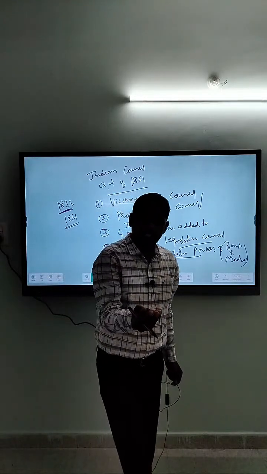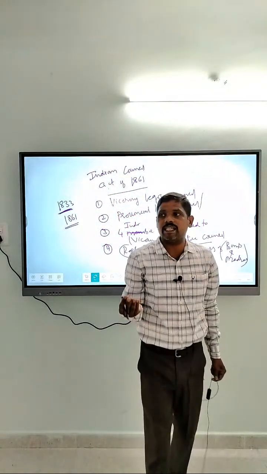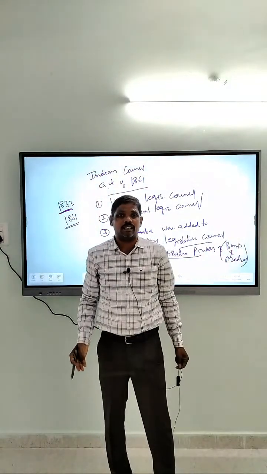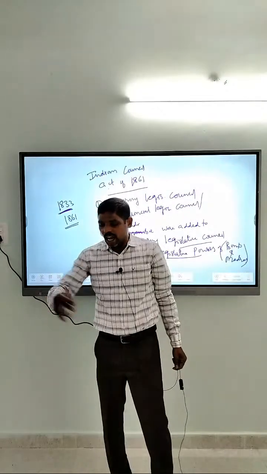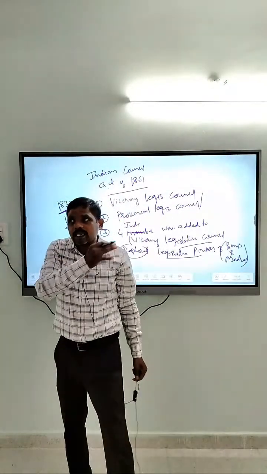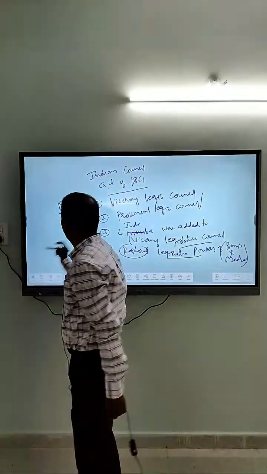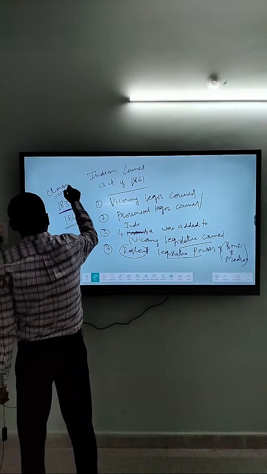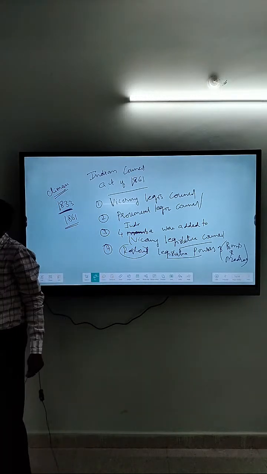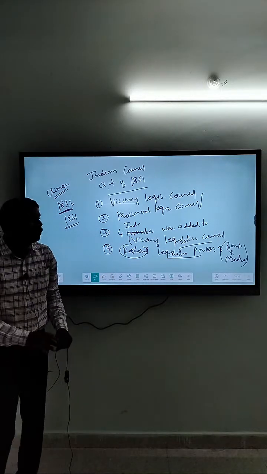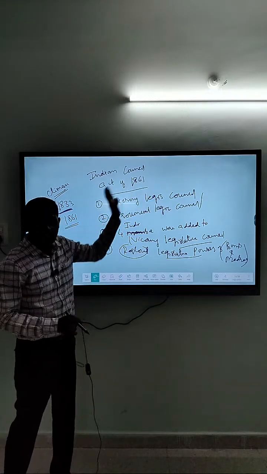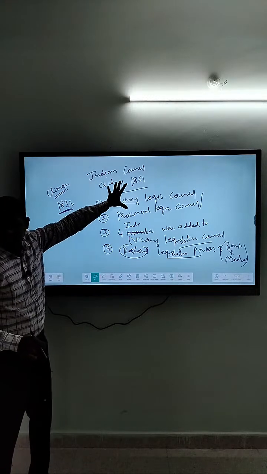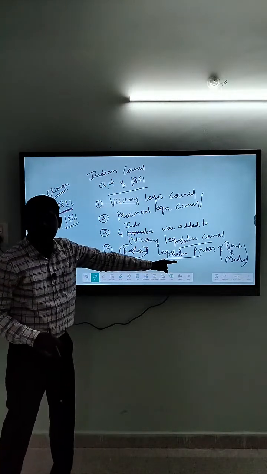So we have seen the 1773 Act initiating the process of centralization, and 1833 brought a climax to centralization. But what happened in 1861 is totally different. In 1833, the powers were taken and the Governor General was strengthened, but now we see restoration.